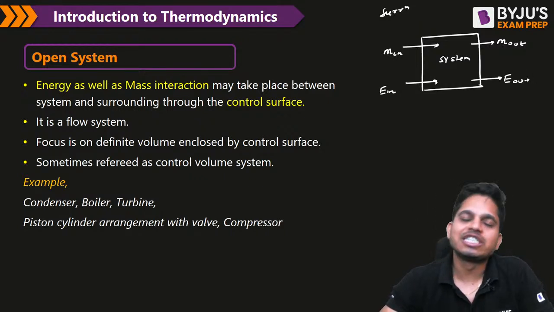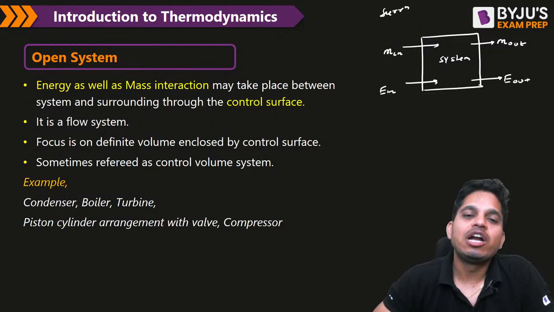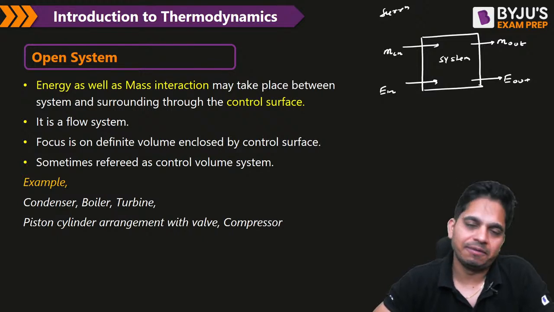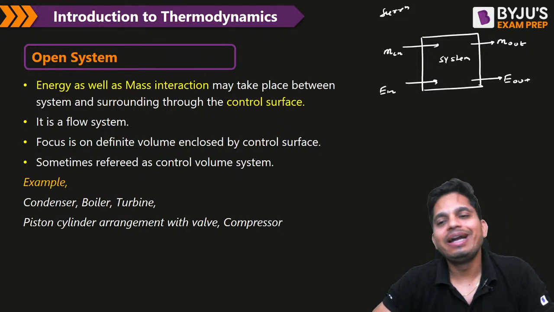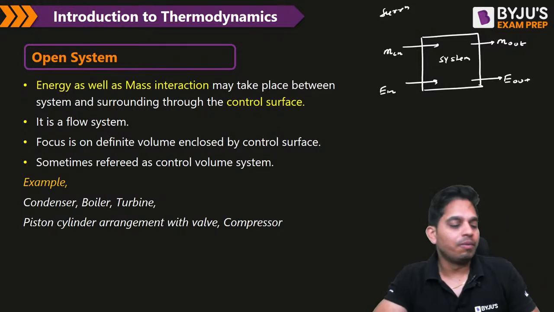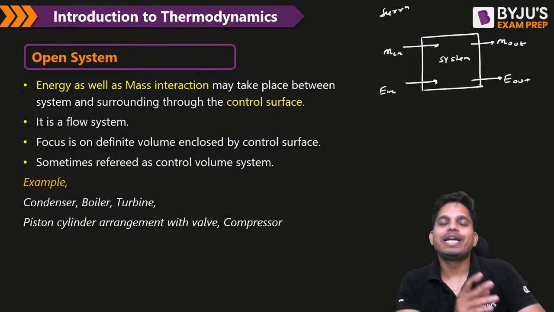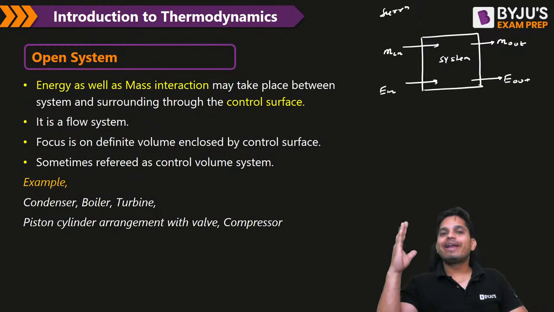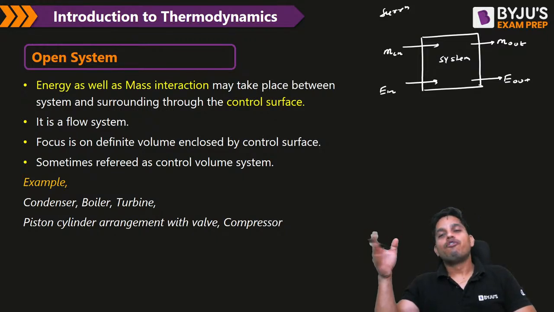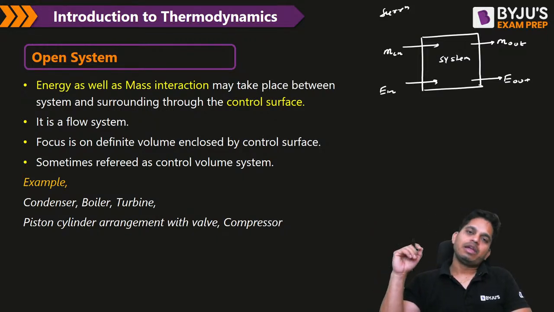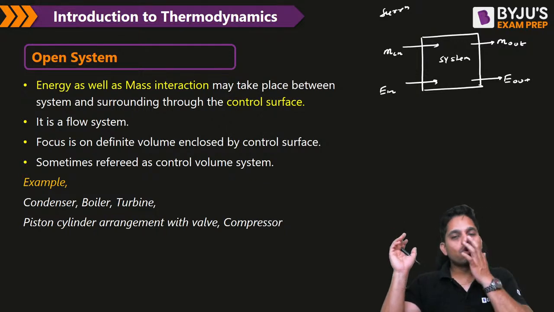Now in the closed system, I did not allow mass to enter. So that means you can say the boundary was closed for the mass, but if you open the boundary for the mass, then it is called an open system.